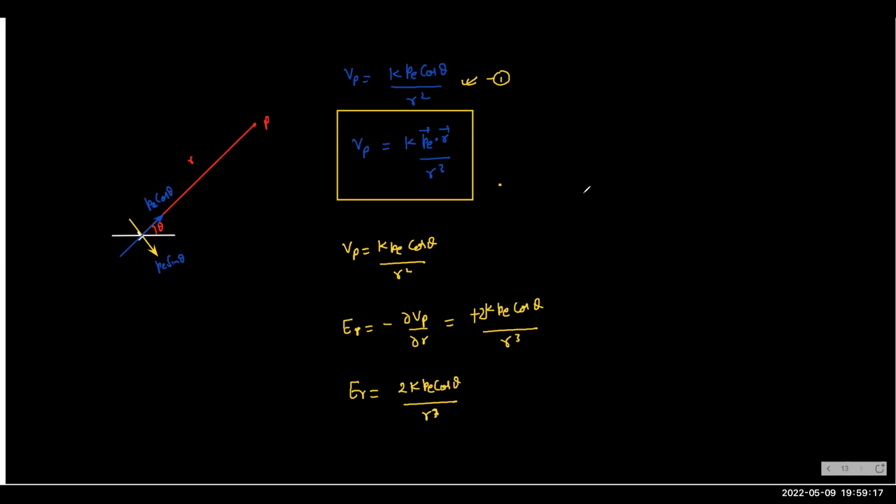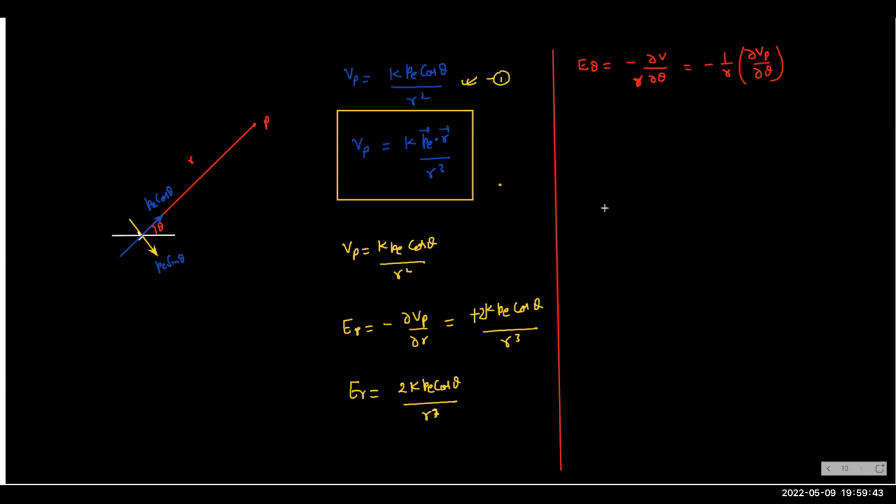Similarly, in the polar system, if you wish to find E theta, the way of writing is minus del V by R d theta, that is, minus 1 by R into del V by del theta. Is this clear?